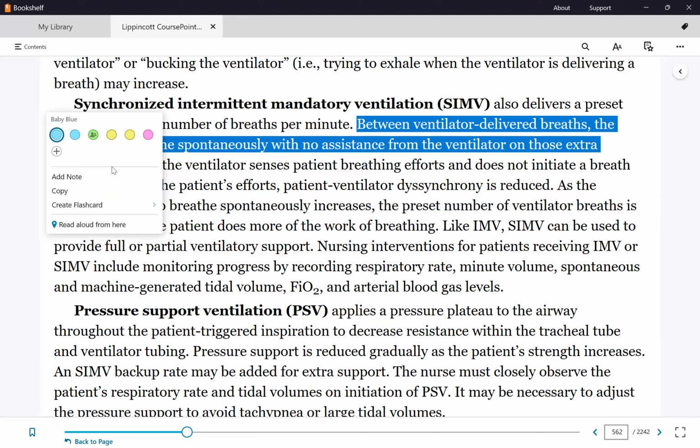If they want 600 tidal volume, knock yourself out. The vent will say, that's your breath. If they breathe 200 ml, that's your breath, not my breath. But when it's time for the vent to give the breath, it will of course give the preset tidal volume, which is 400.